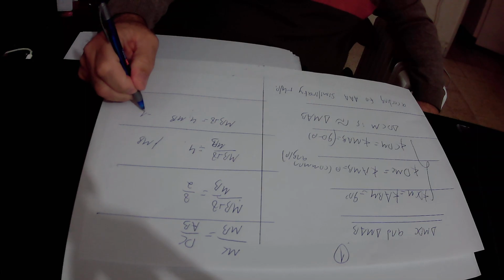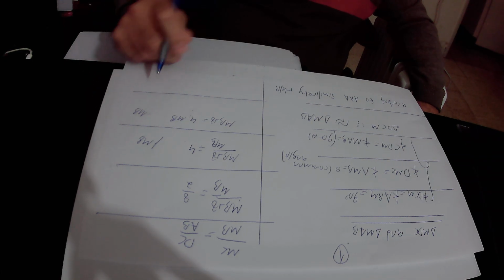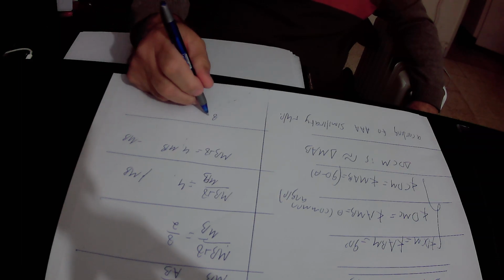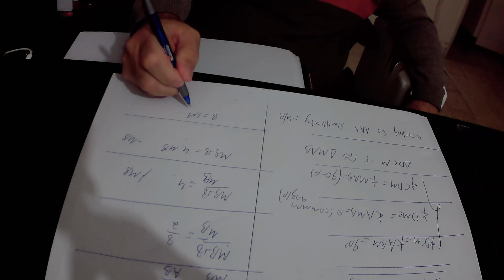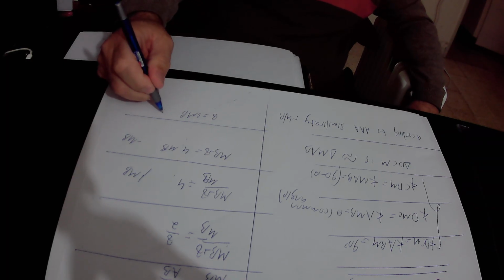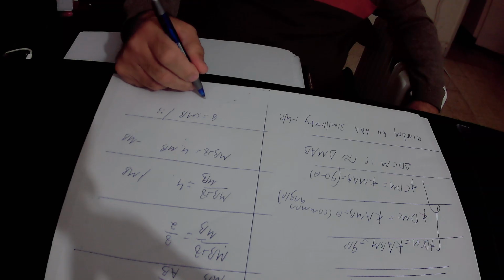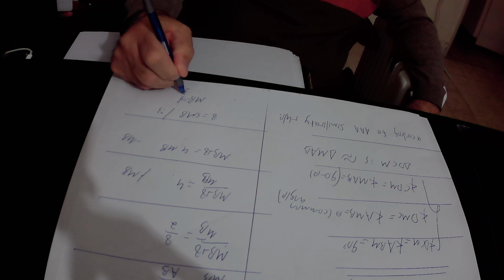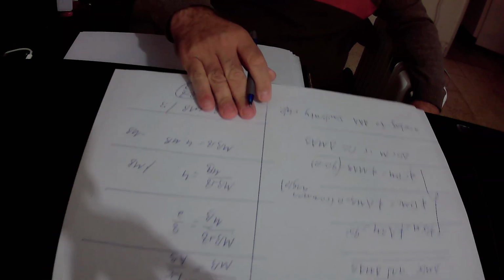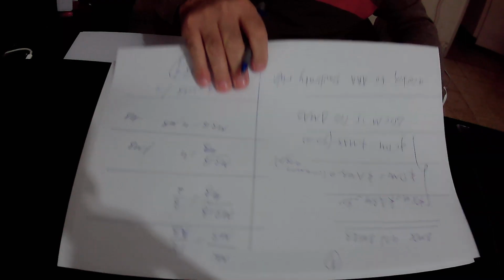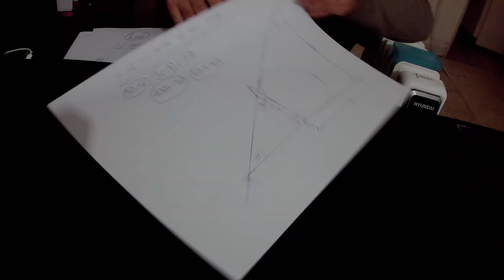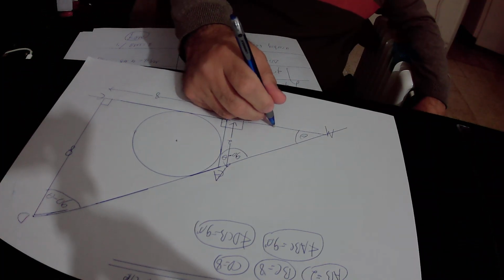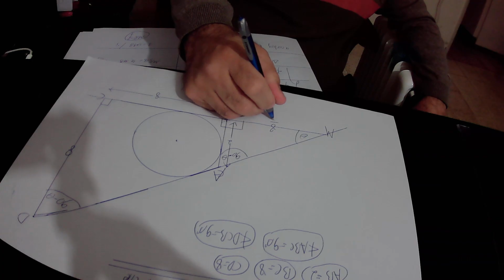We subtract MB from this equation, and we get that 8 equals to 4 MB minus MB, it is 3 MB. 8 equals to 3 MB. We'll divide this equation by 3, and we get finally that MB equals to 8 over 3 units. So here we can write down in the original drawing the length of line segment MB. It is equal to 8 over 3 units.